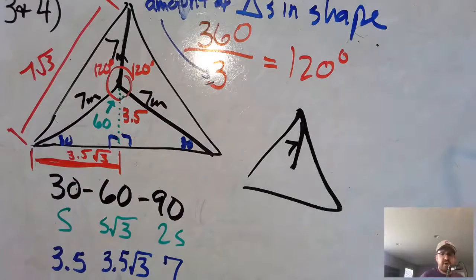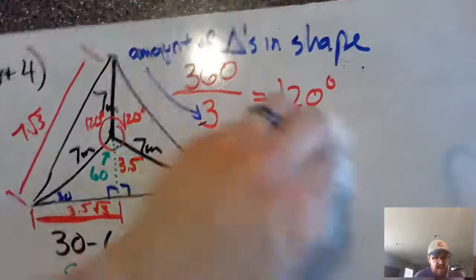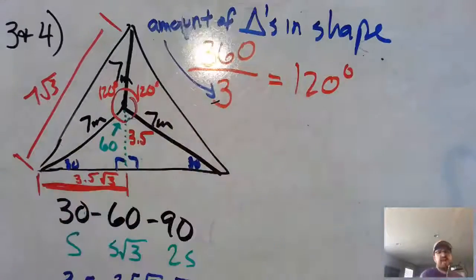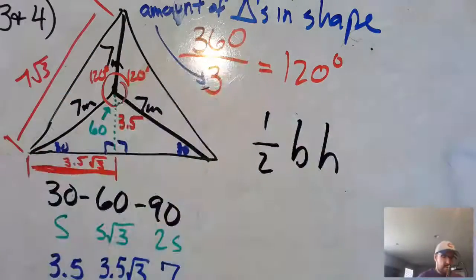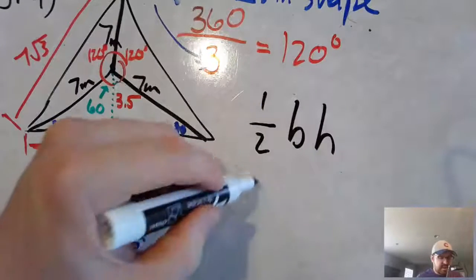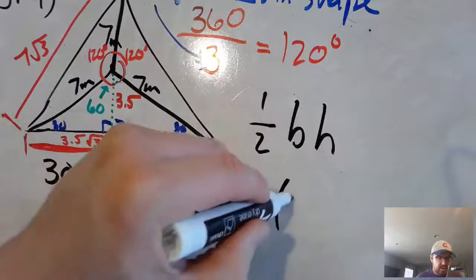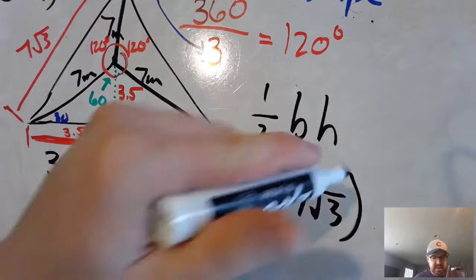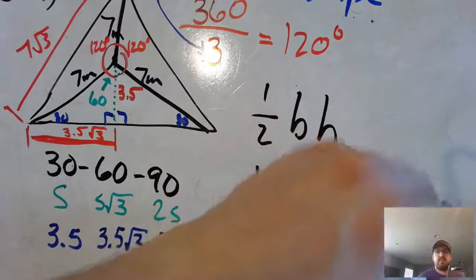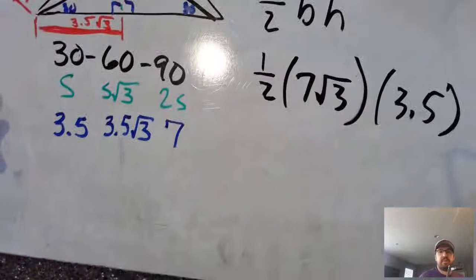So how do I find the area of any kind of just triangle, right? Isn't that just 1/2 of the base times the height? So if I have 1/2 times the base and the height, I could just plug the numbers in. The base, like I said, was 7 square root of 3. The height is just 3.5. Move this up here just so we can see it.